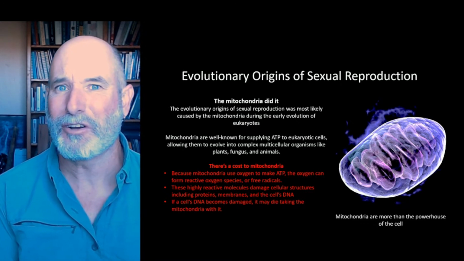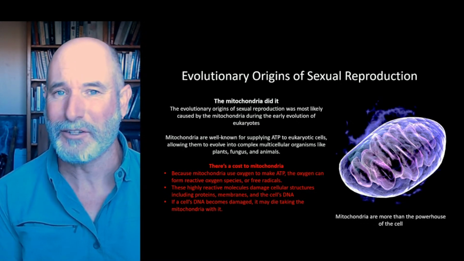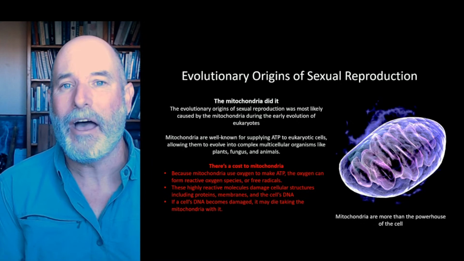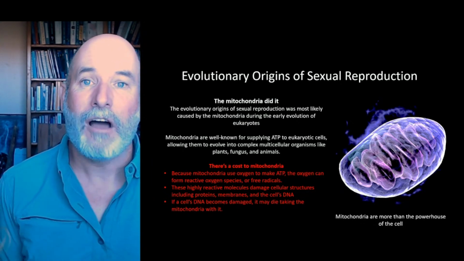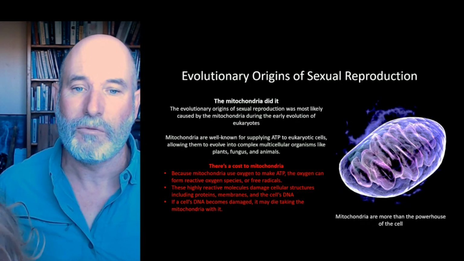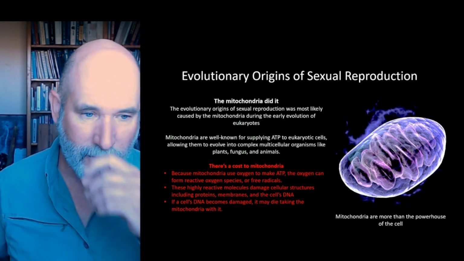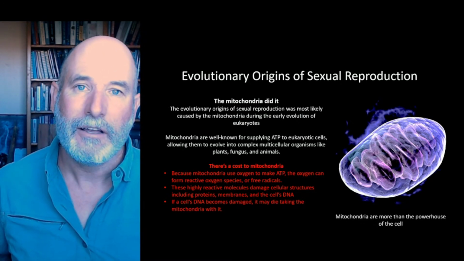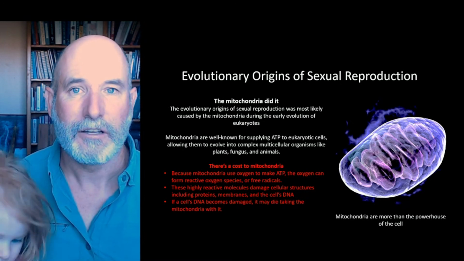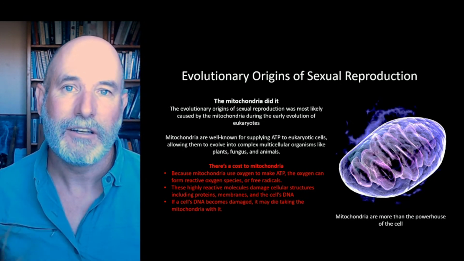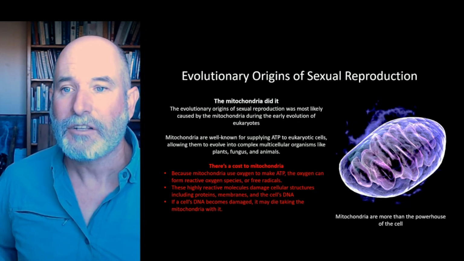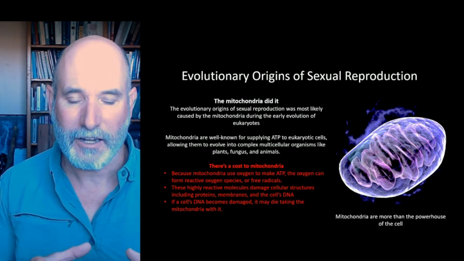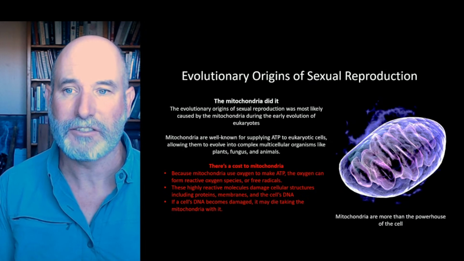Now, these reactive oxygen species can damage proteins, they can damage your membranes, and they can damage your DNA, right? So all of this oxygen can cause damage to your cells.